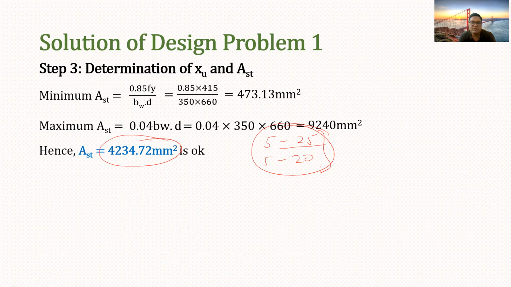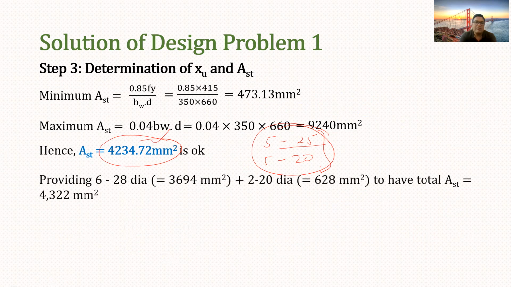Here I am providing 6 bars of 28 dia, which give a total area of 3694 mm square, and 2 bars of 20 dia, which give a total area of reinforcement of 628. This plus this gives us the area of reinforcement. You can see this is not much higher than the required value, so the area of steel provided in this combination is okay.